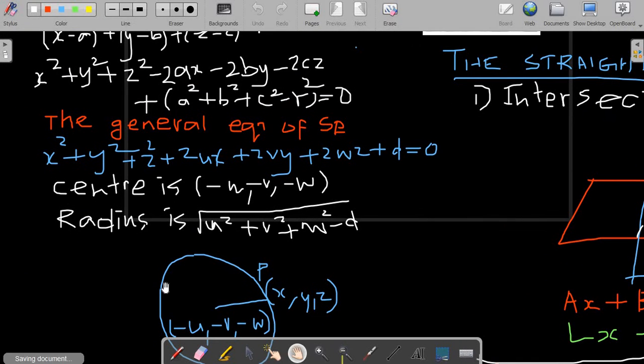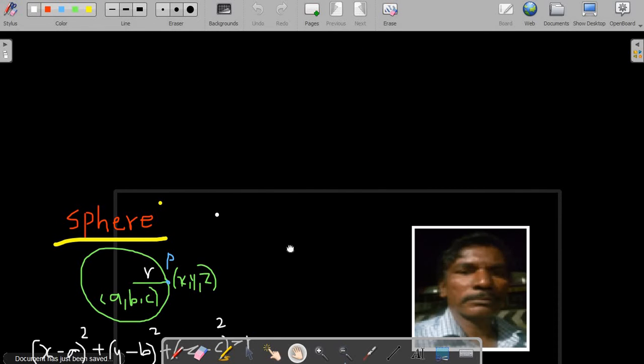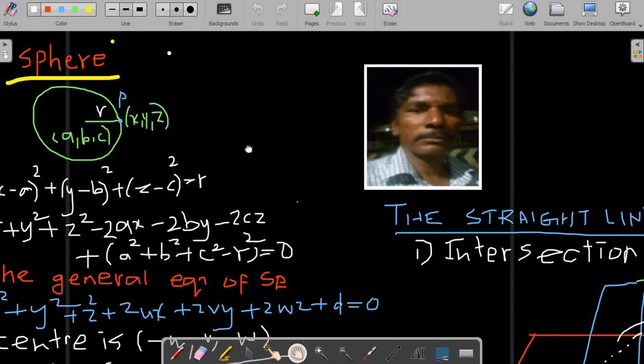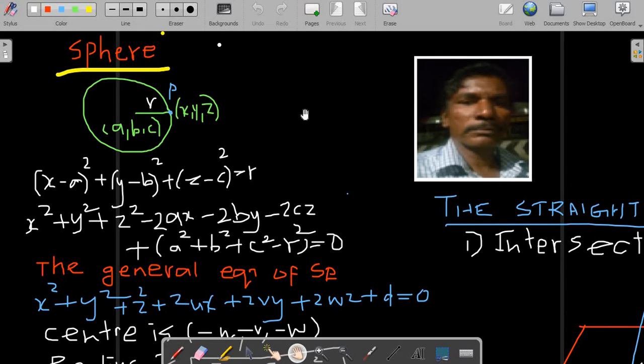First let us talk about this sphere. So now what is a sphere? Sphere is nothing but, you look at that picture there, and this is what we say a sphere. This is the center point in three-dimensional space.